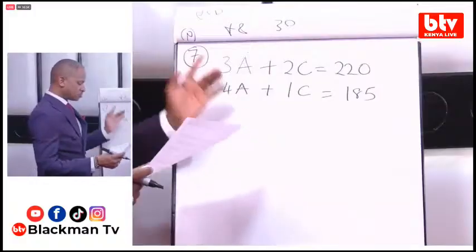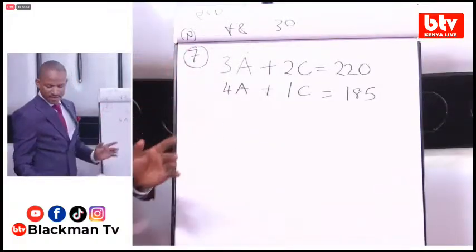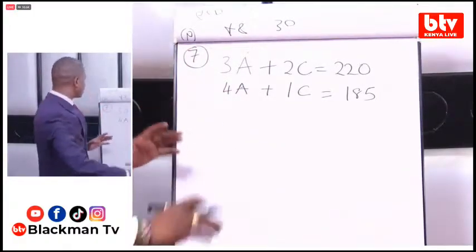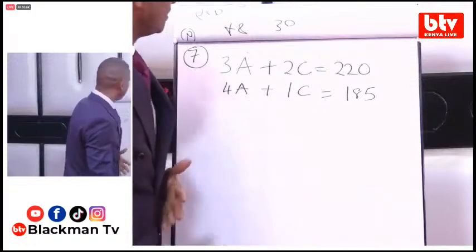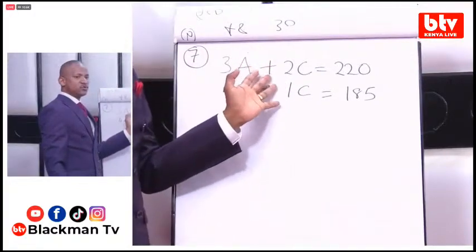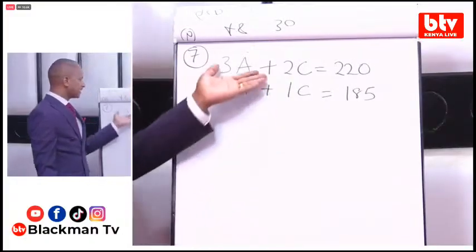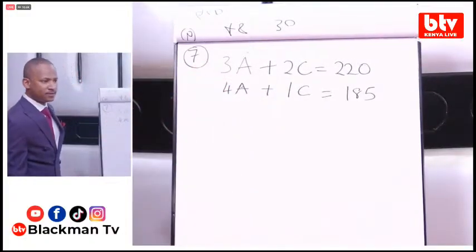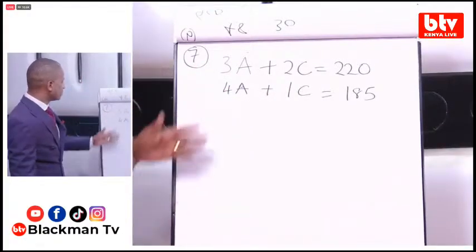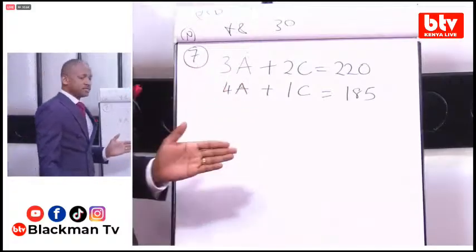Find the amount of money a craftsman earns in a day. How much does a craftsman earn in a day? The whole of that story has been reduced into this. Just by writing this alone, you have 1 mark. Then now you solve it. How do you solve it? This is a simultaneous equation.